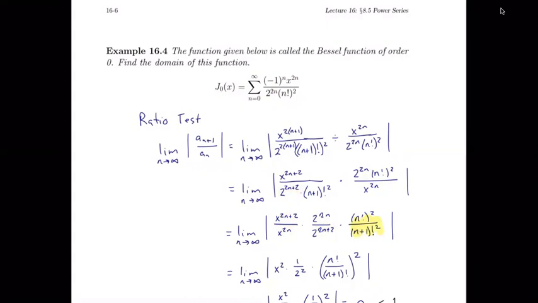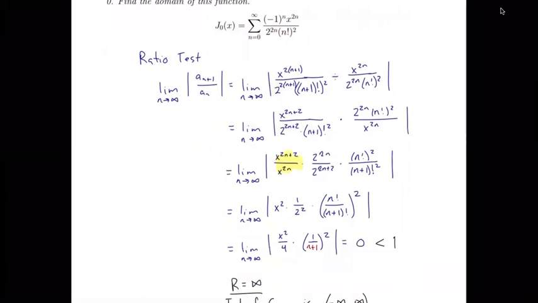So working our way downward, this leaves us with an x squared here. 2 to the 2n over 2 to the 2n plus 2. Well, there's an extra factor of 2 squared that we can write away from this, and that leaves us with 1 over 2 squared after our cancellation occurs. And then we've rewritten this a little bit more carefully.